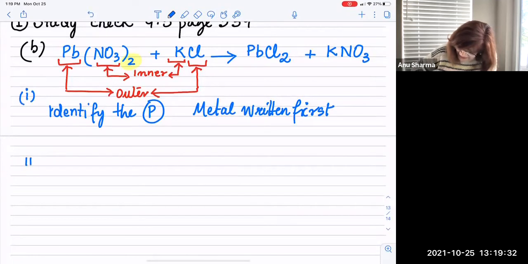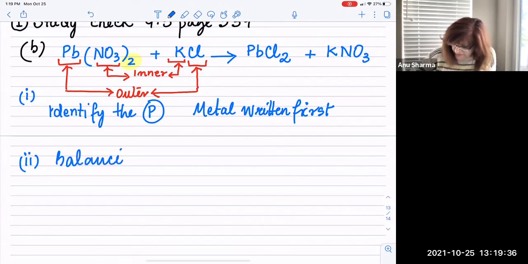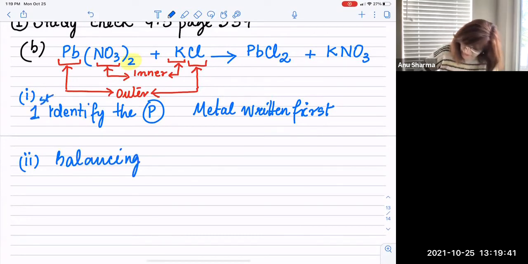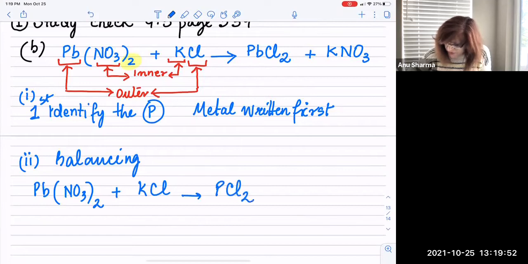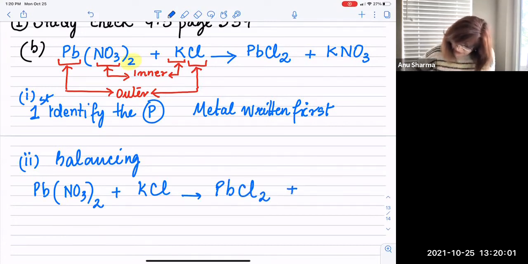Next is balancing. Okay, so we have Pb(NO3)2 reacting with potassium chloride. This is giving you PbCl2 plus potassium nitrate, KNO3.